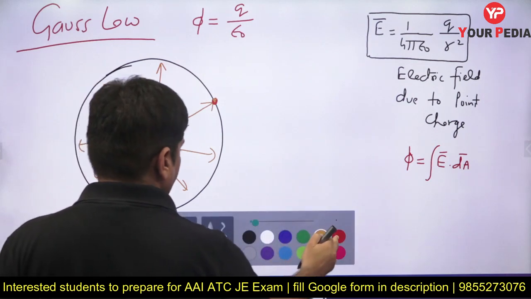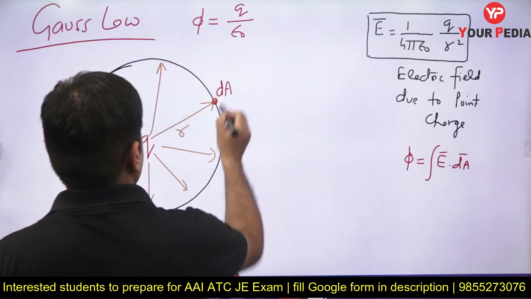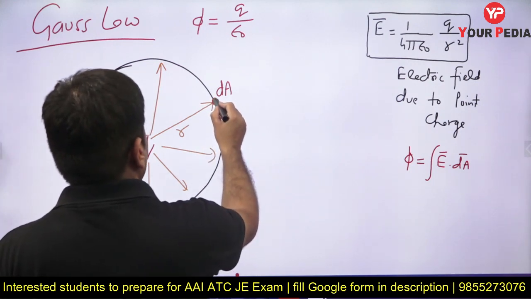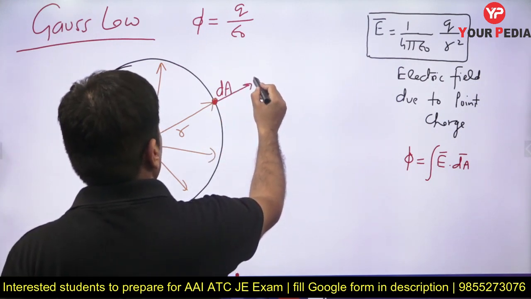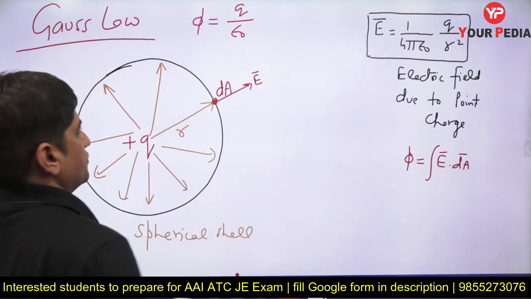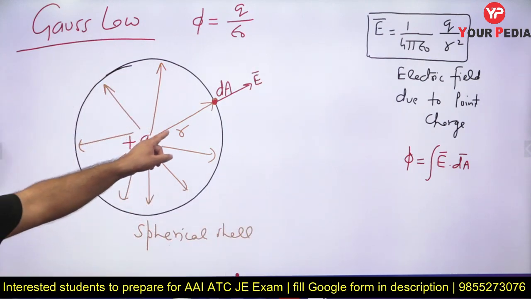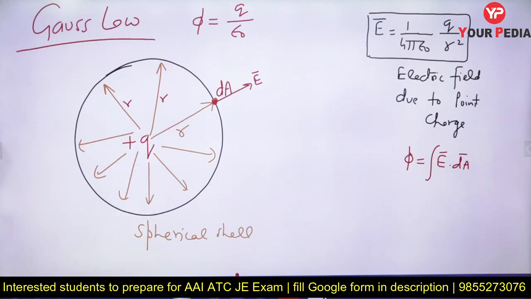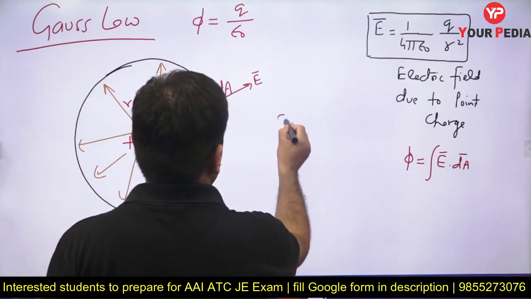I gave you elemental area dA, and through this elemental area, let us say the electric field which is going out is E. This is the electric field at distance r. Electric field is E. So what is the electric flux?